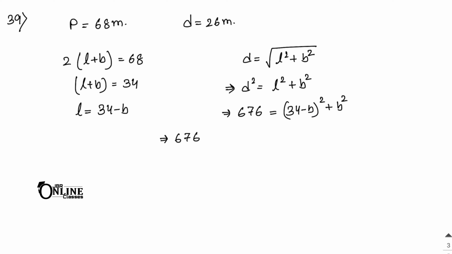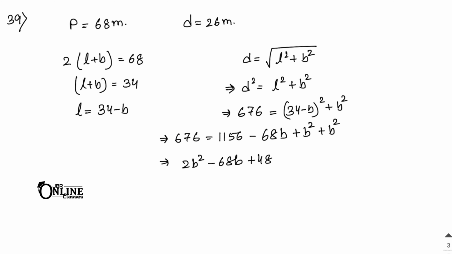So 676. Now here A minus B whole square formula. So 34 into 34, it becomes 1156. Then here 34 twos are 68B, and the last one here B square, again plus B square. So here you can write down 2B square minus 68B, and then here 1156 minus 676, that is 480.